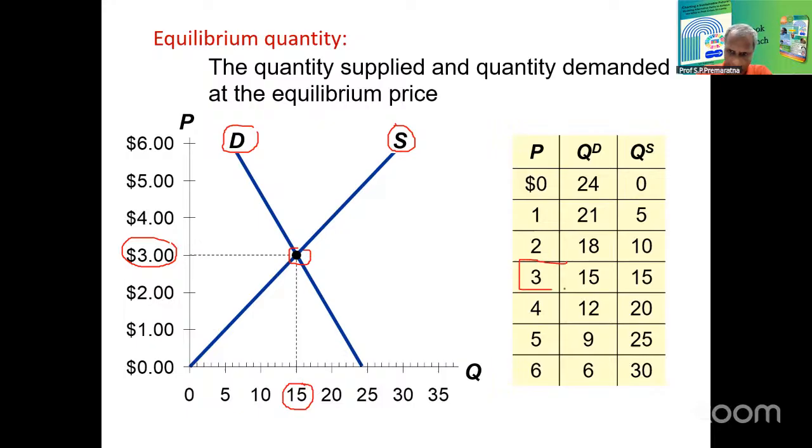In the table also you can see the price where supply equals quantity demanded at that point. Here there is no leftover; everything goes to the market and finishes. So supply equals demand. This happens according to Adam Smith's invisible hand.